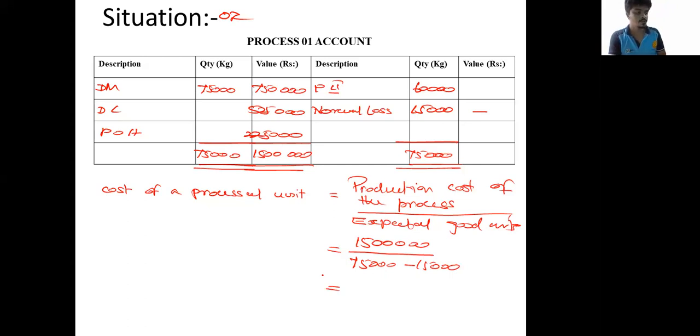Then the cost of a processed unit, per kilogram, equals rupees 25. Then 25 into 60,000 is 1.5 million. It's balanced. Take this.